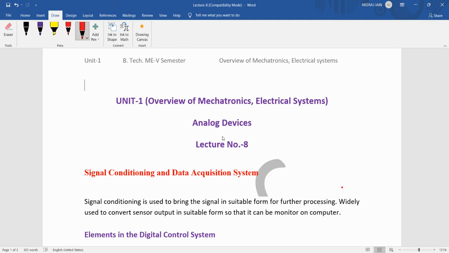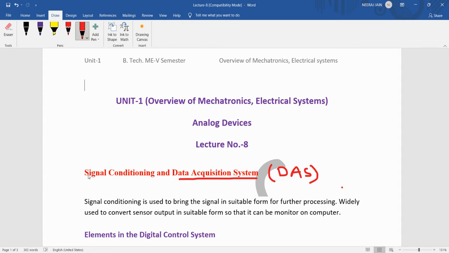Today we will study the analog devices, signal conditioning, and data acquisition system, also called the DAS. First, let us see what signal conditioning is.